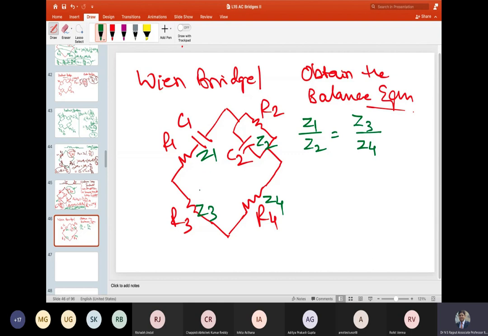So can we write the actual values for this?